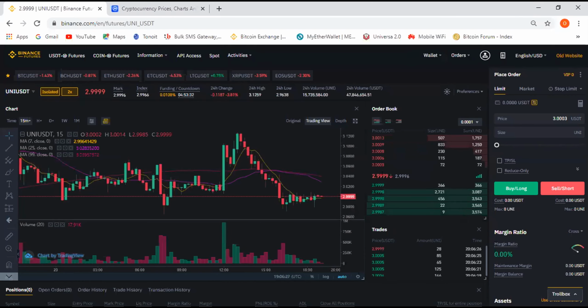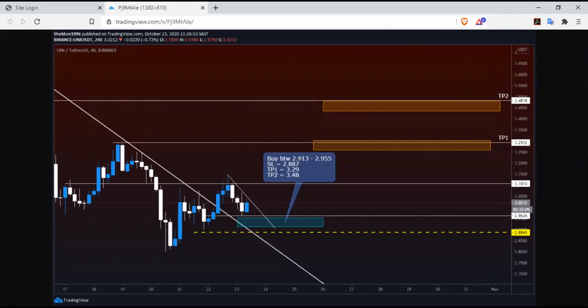Now, this trade we have here is far above our price, because our price is between 2.913 and 2.955.